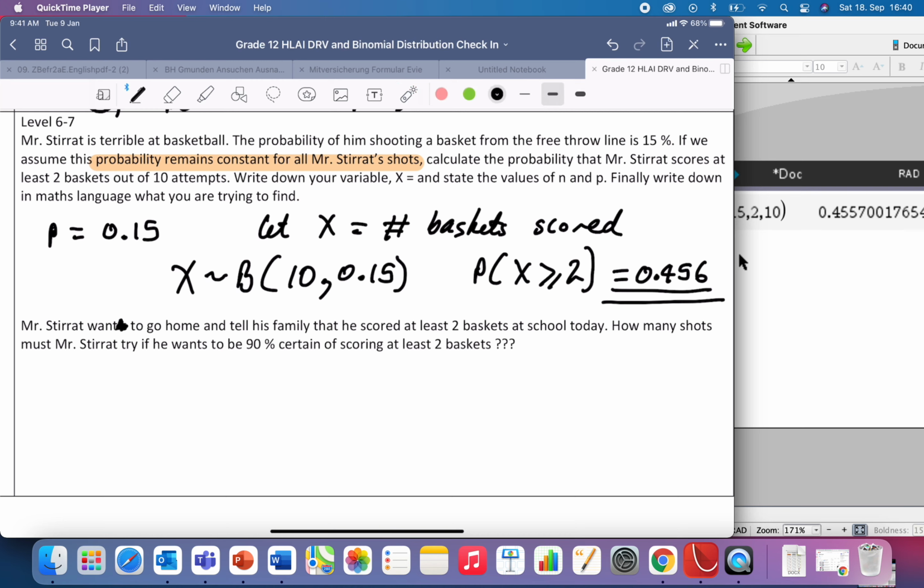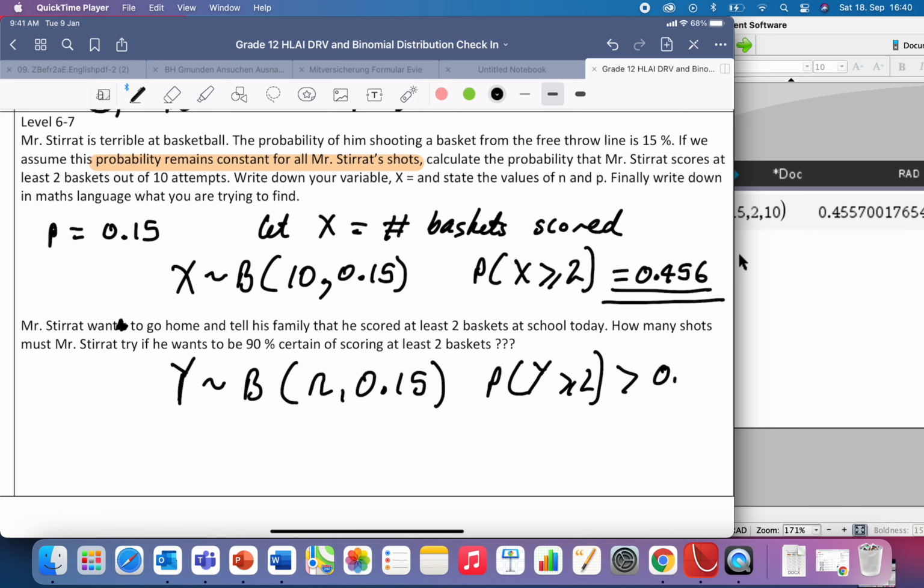So what we're looking for is maybe we want now to change the variable to Y, and there's a mystery number of shots. The probability stays the same, but we want Y greater than or equal to 2, and we want this probability to be greater than 90%.